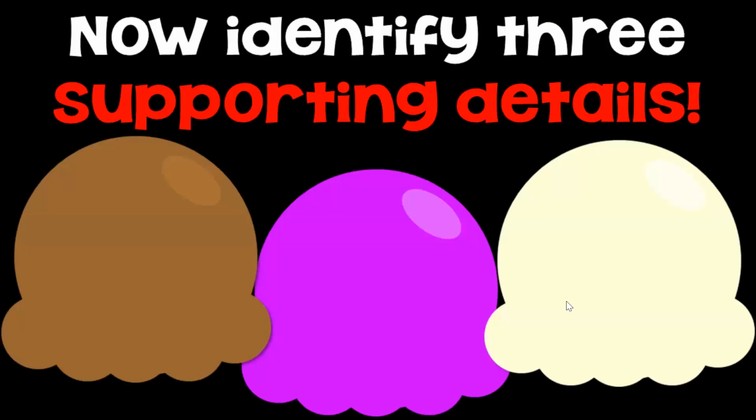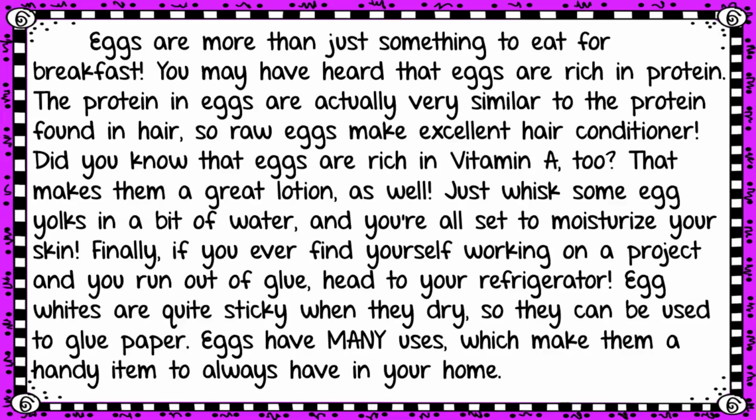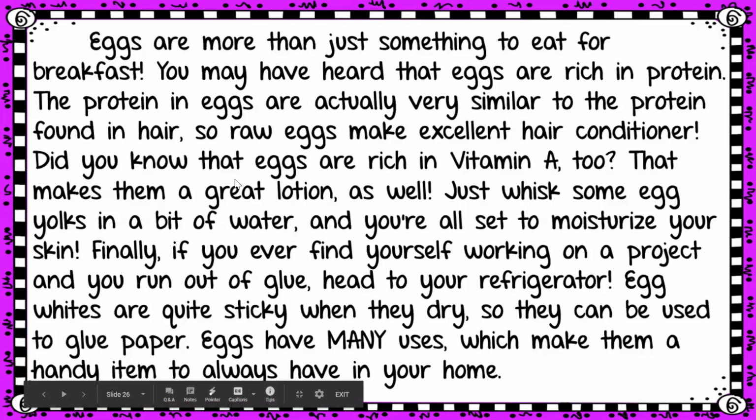Now that we have our main idea, eggs have many uses, we need to identify 3 supporting details. So we would have to go back into our text and find supporting details that support eggs have many uses. Okay, so how do we know they have many uses? Well, the protein in eggs is actually very similar to protein found in hair.